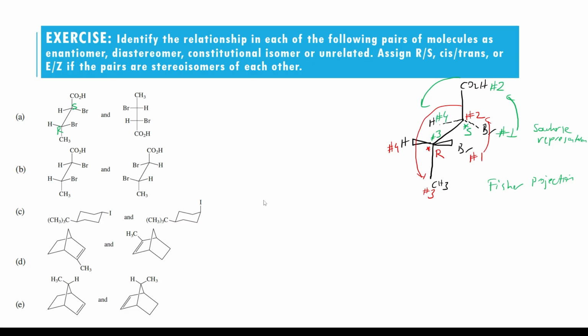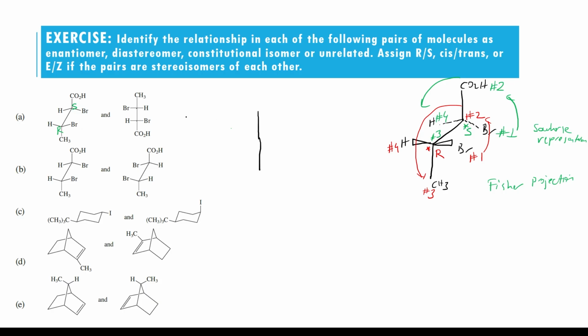Let's do it here. Let's use the black color again. As we said, the chiral centers should be drawn as a straight bond, and I'm going to make it a little bit bigger.